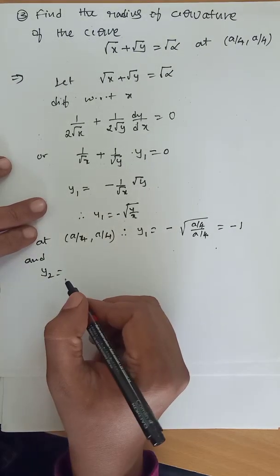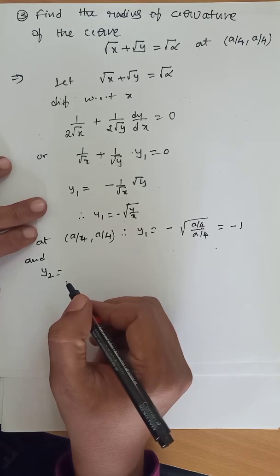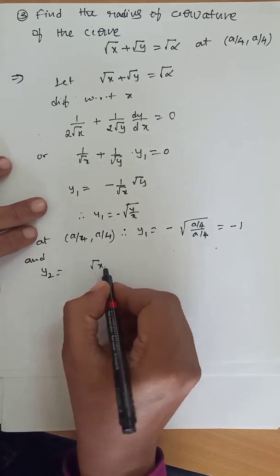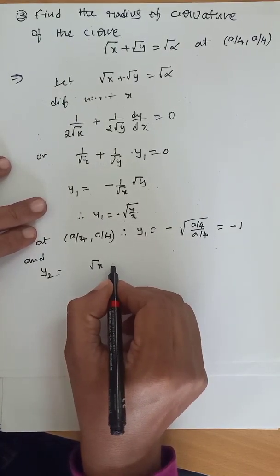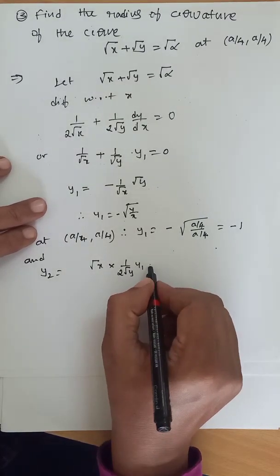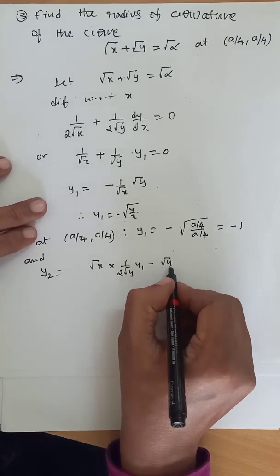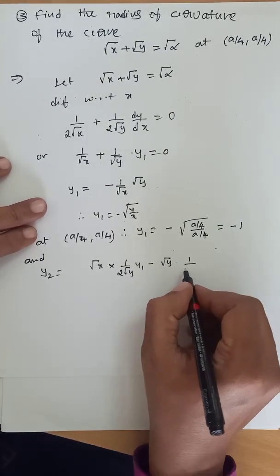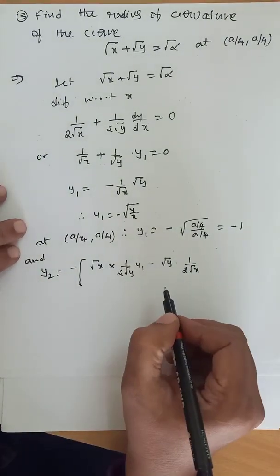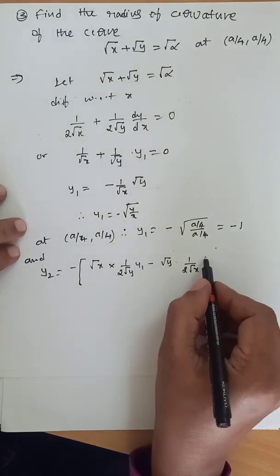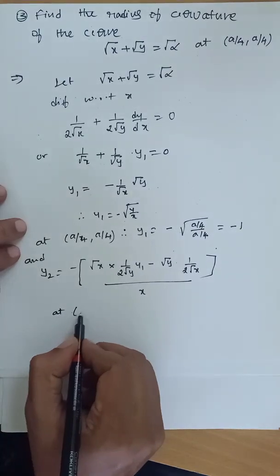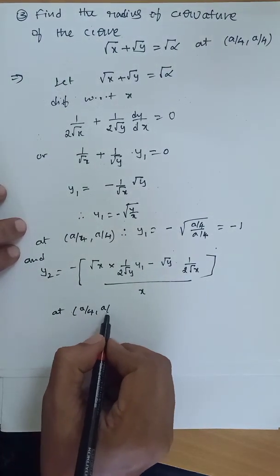So y2 is root x, vu dash is 1 by 2 root y into y1, vu dash minus u v dash, here minus common, by v square is x at a by 4 comma a by 4.